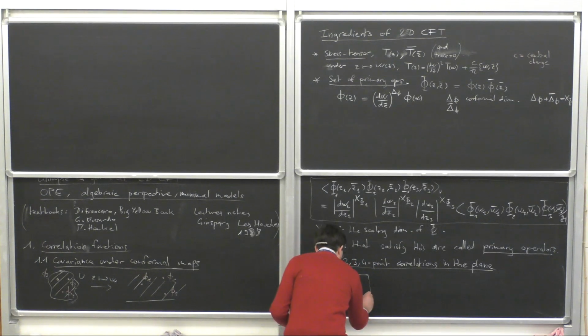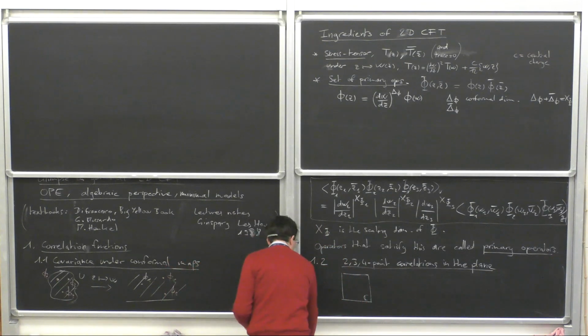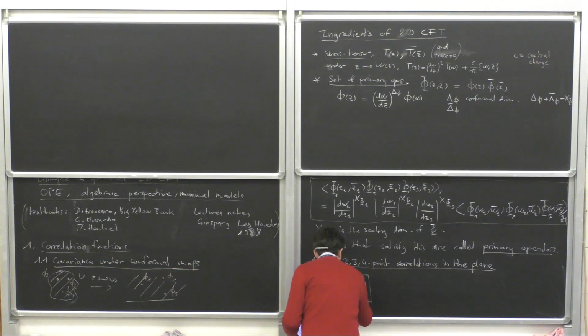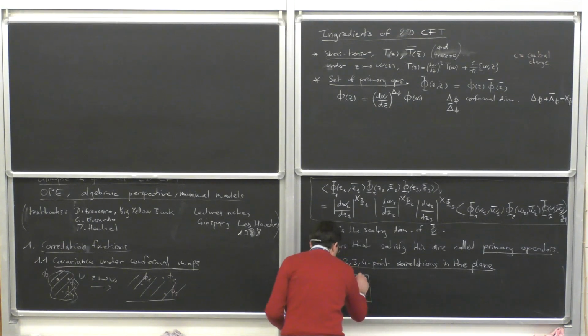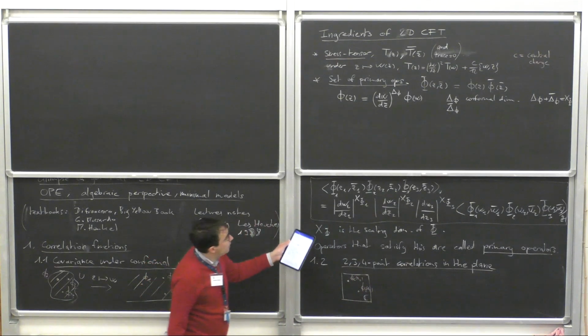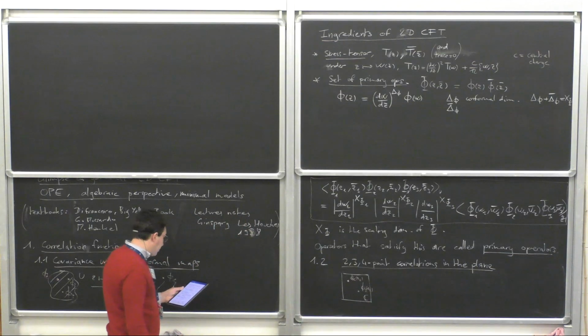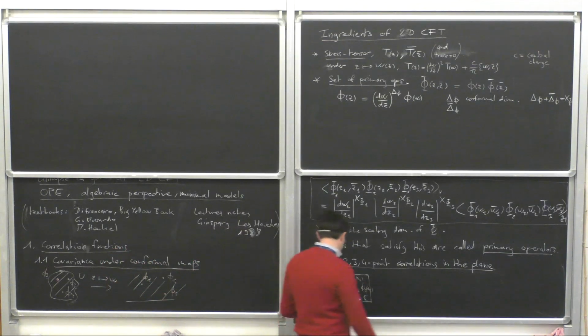So let's imagine we have our plane, complex plane C, and we put two operators, phi1, phi2, at some position z1, z2. And just to lighten the notations, let's keep only the chiral part. So we keep track only of the chiral parts.